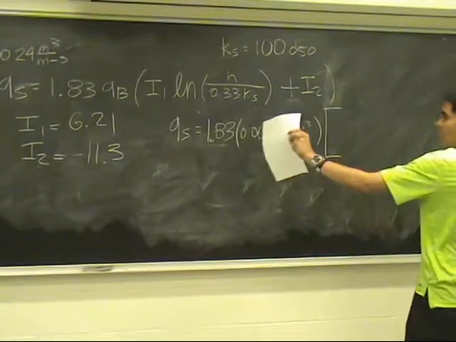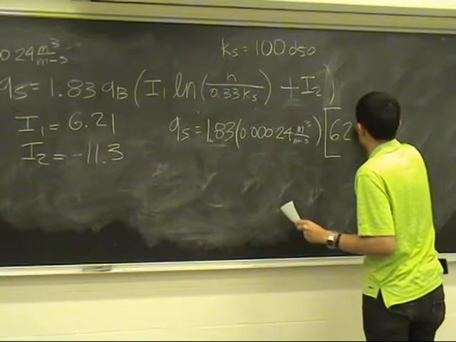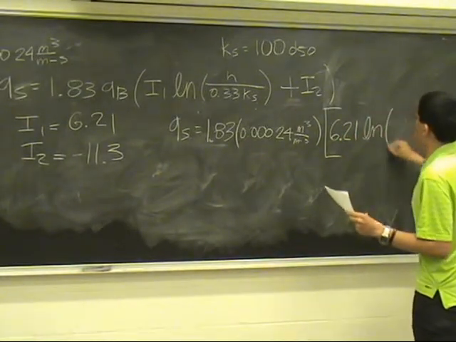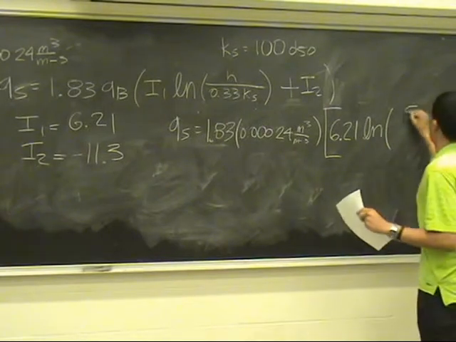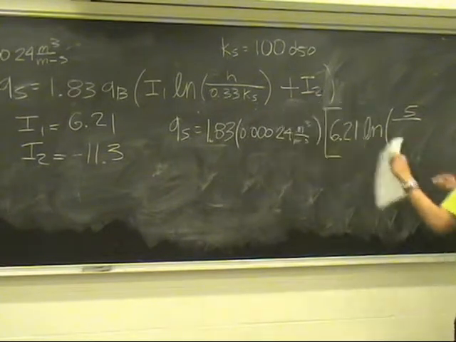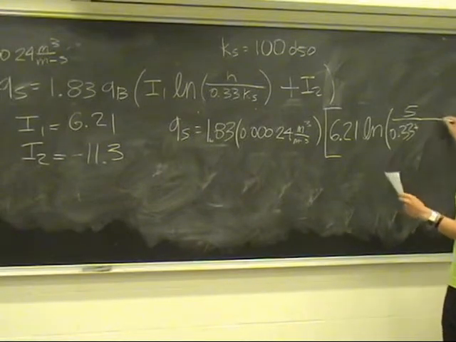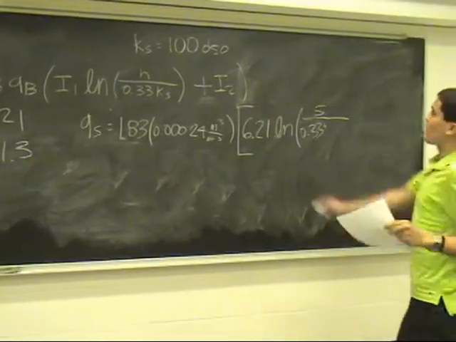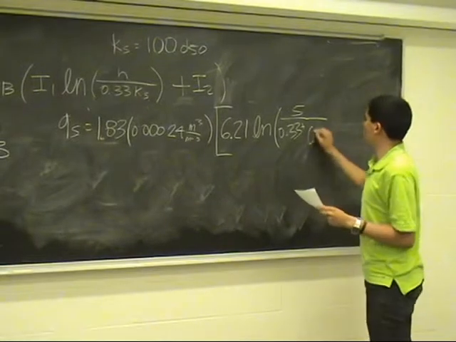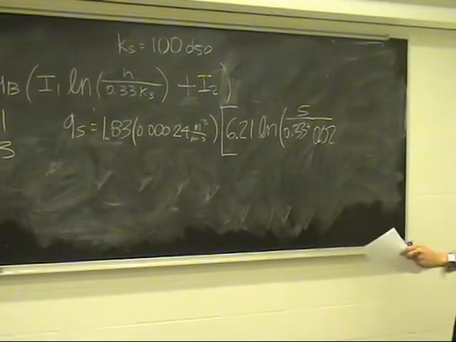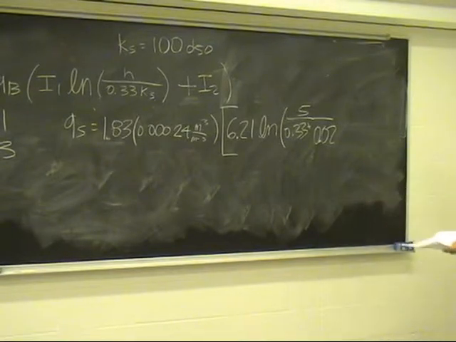Here, I1 6.21 times ln of H is 5 over 0.33 times our roughness is 100 times D50, so what is it, 0.02, right? 100 times 0.0002 is this.